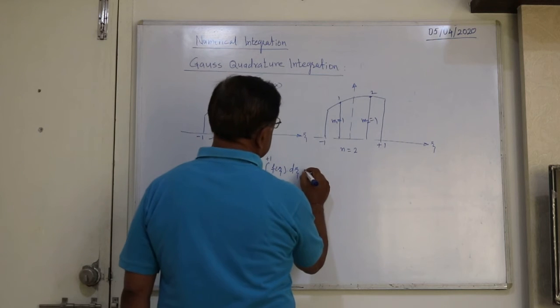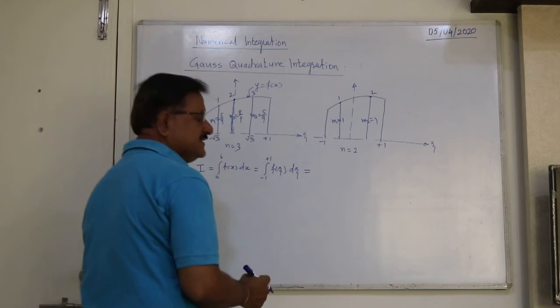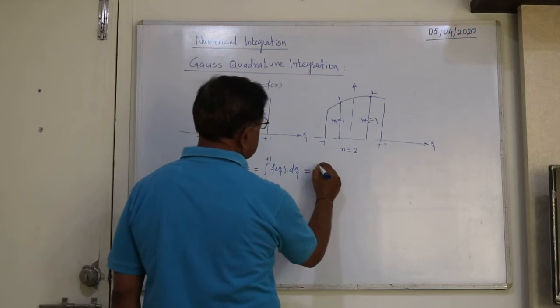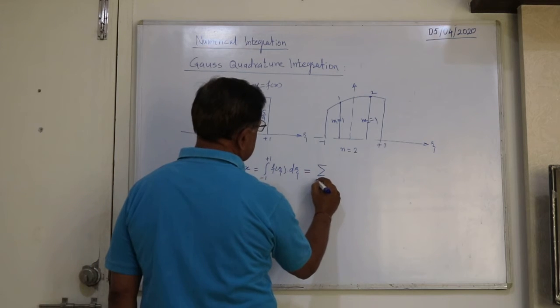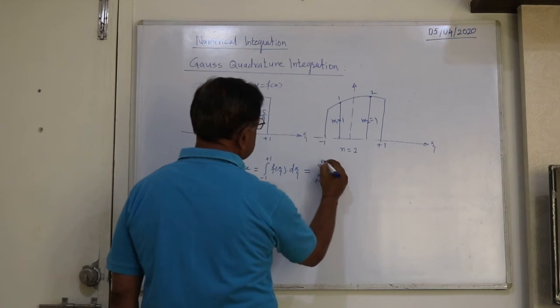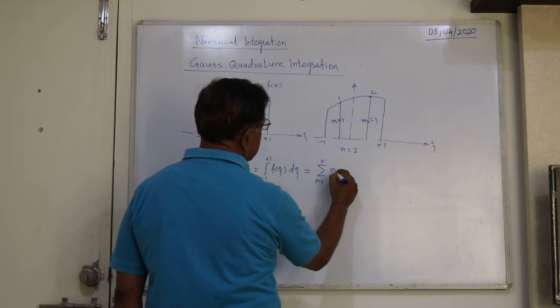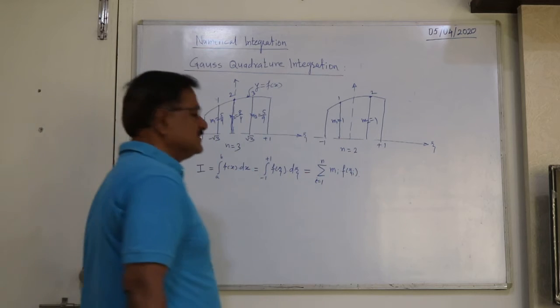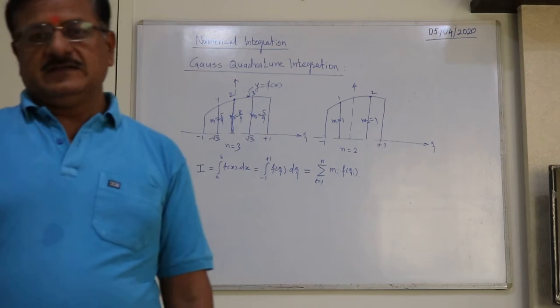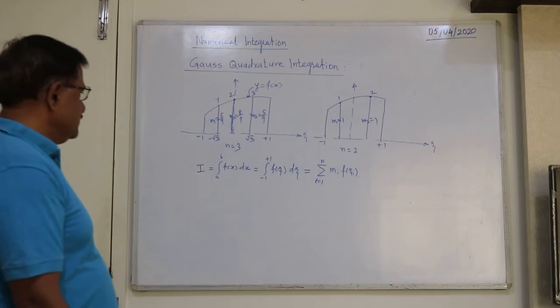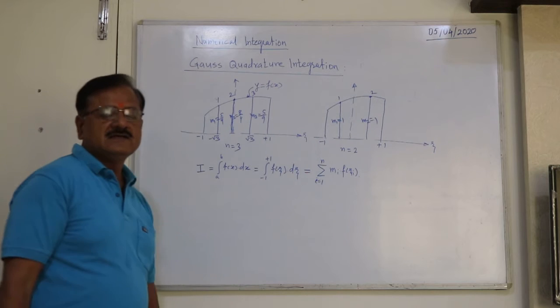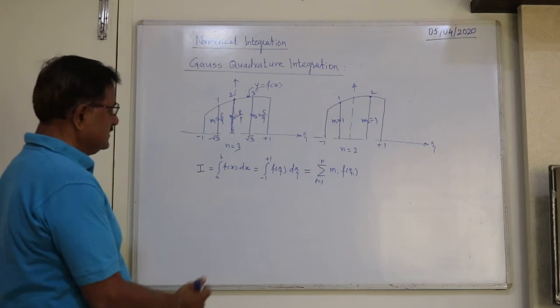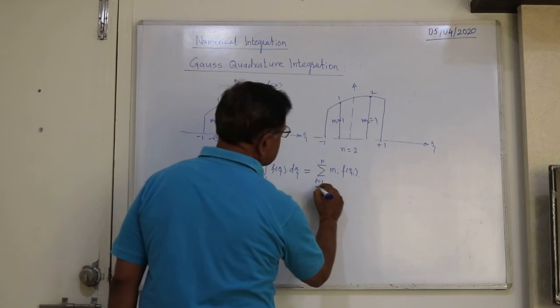Then, because integration represents the summation, this is nothing but the summation i equal to 1 to n, mi weights assigned to f(xi). So this gives us the numerical integration by using the Gaussian formula. Now this formula is called the Gaussian formula.